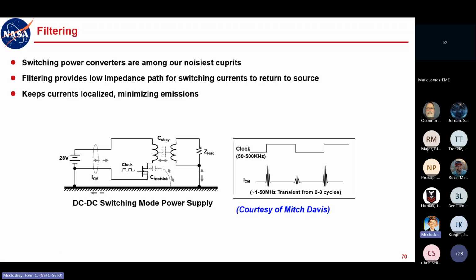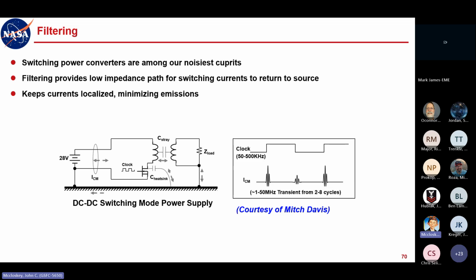And I do want to say, I don't know if any of our power brethren at Goddard are on the session here, but they're my neighbors over in Building 20. These guys have really done a tremendous job over the last several years, the last several in-house missions, where they have been the designers of this very circuitry. I can't even remember the last time we had a significant problem with in-house DC to DC converter designs.